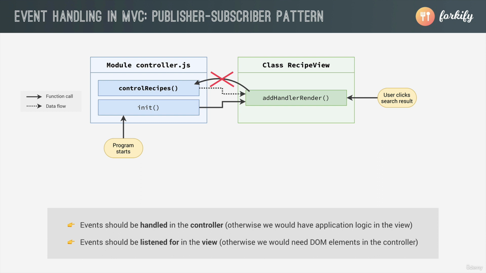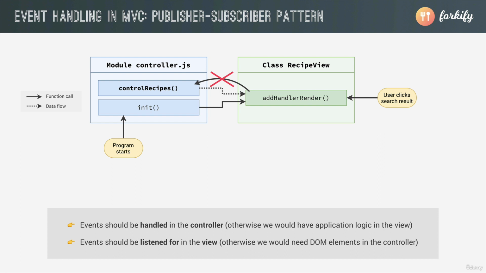Well, that's actually not possible because in the way we set up the architecture, the view does not know anything about the controller. So it doesn't import the controller, and so we can't call any of the functions that are in the controller from the view. So it only works the other way around, and therefore it's more complex than this. But fortunately, there is a good solution.